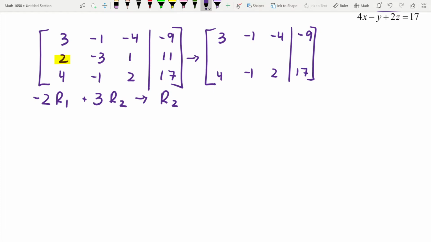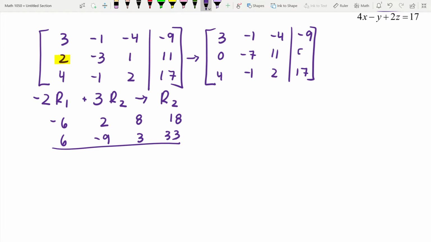Distribute a -2 across the top, and you get -6, 2, 8, and 18. Distribute a 3 across the center, and you get 6, -9, 3, and 33. Add those together, and you get 0, -7, 11, and 51.